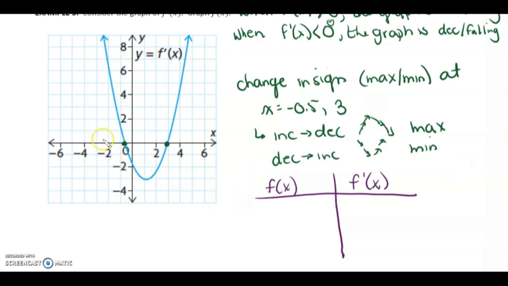On the original interval of negative infinity to negative 0.5, what's happening on f prime at x is it's positive, positive numbers or positive y values. What that means on f at x is it's increasing on that same interval.